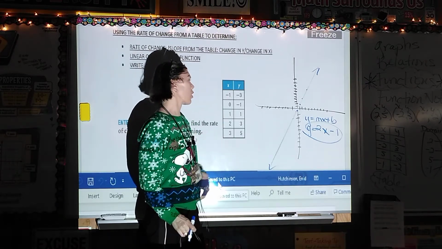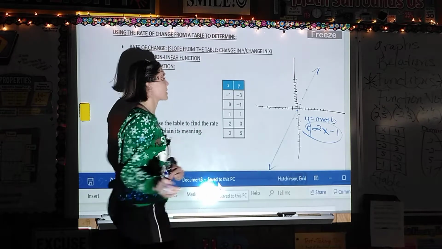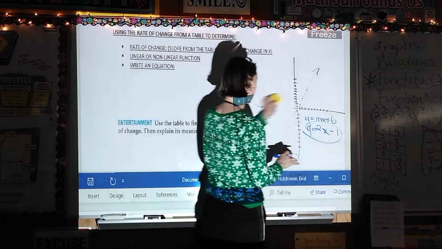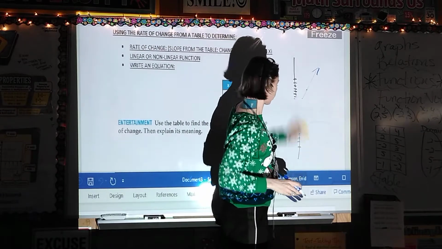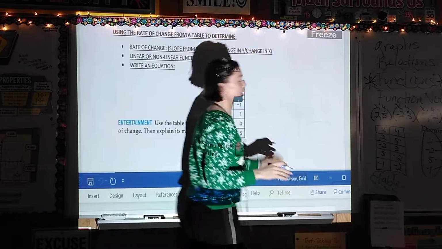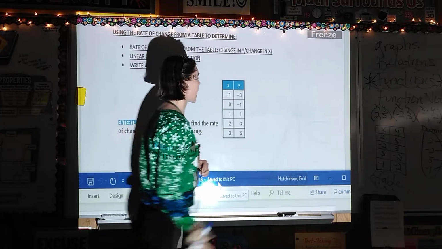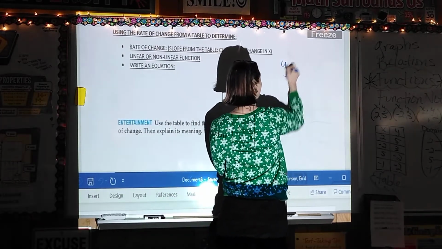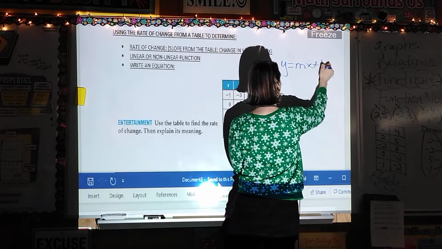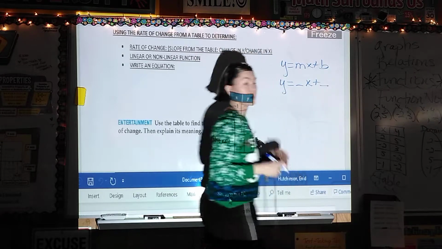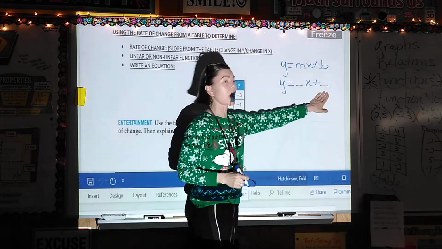We use what's called the rate of change. We still write y equals mx plus b. I'm just going to erase this. Okay, and let's just pretend we don't know what the equation of the line is. We're going to write y equals mx plus b, and then y equals blank x plus blank, because we still have to fill in the slope and the y-intercept.